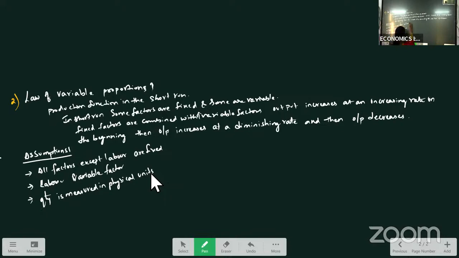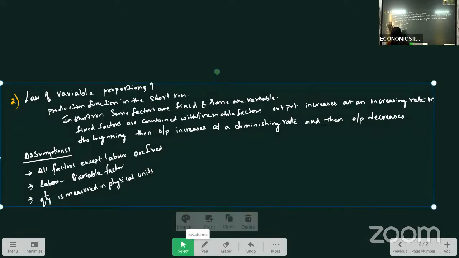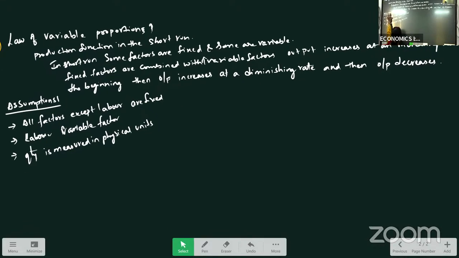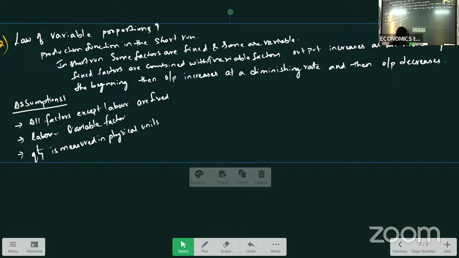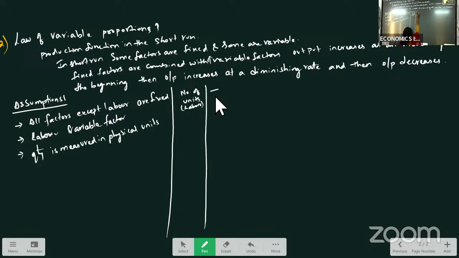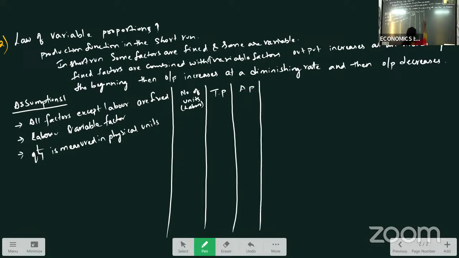Now, this law we can explain with the help of a table and a graph. In the table, we are taking the number of variable units, that is labor, then total product, average product, and marginal product.